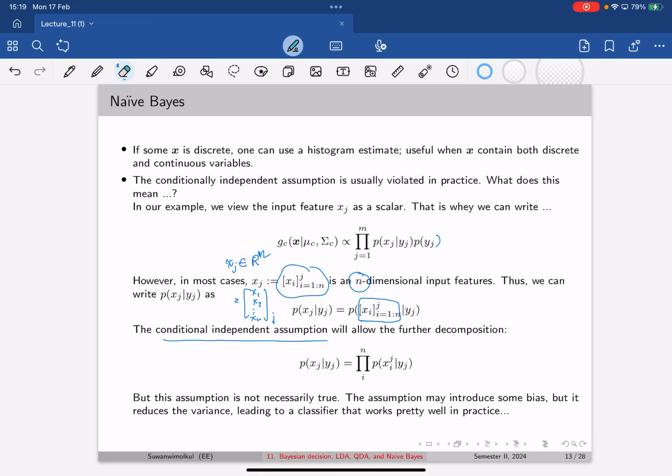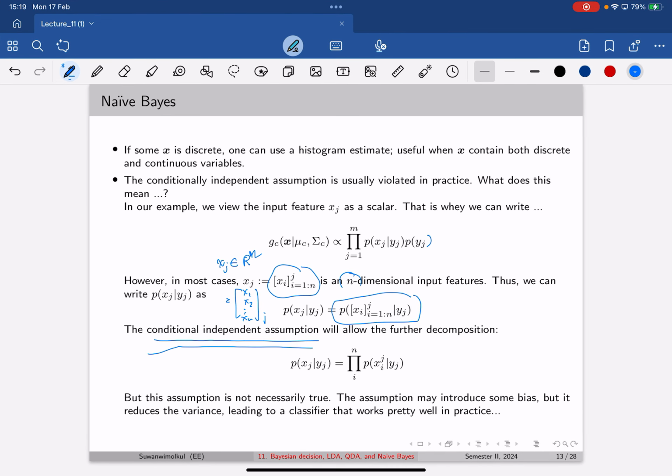What we usually do is that instead of computing the joint distribution exactly like this, in most cases we further assume that they are conditionally independent.